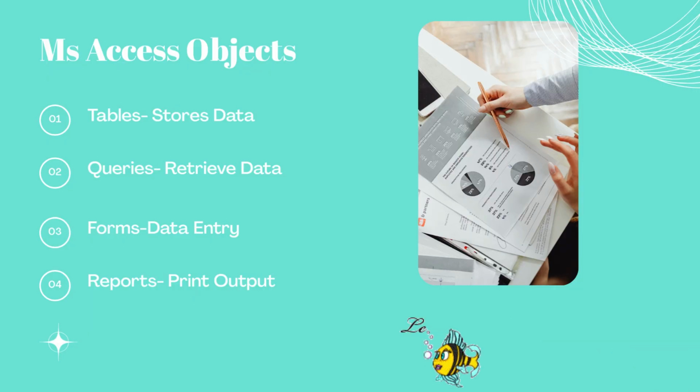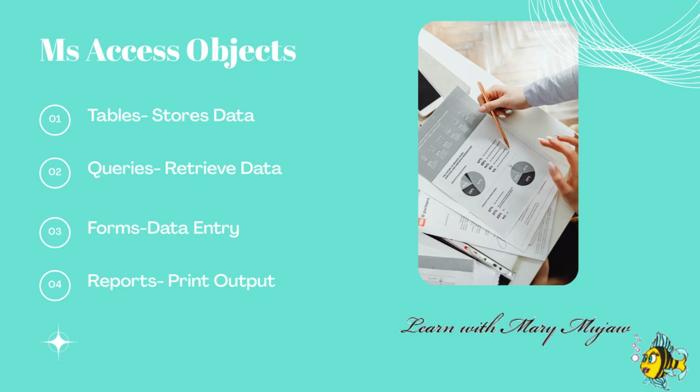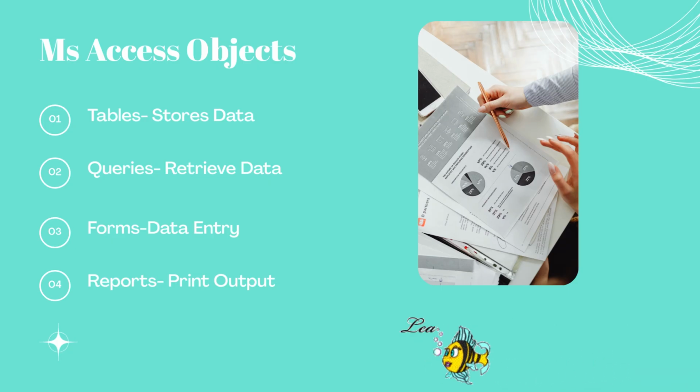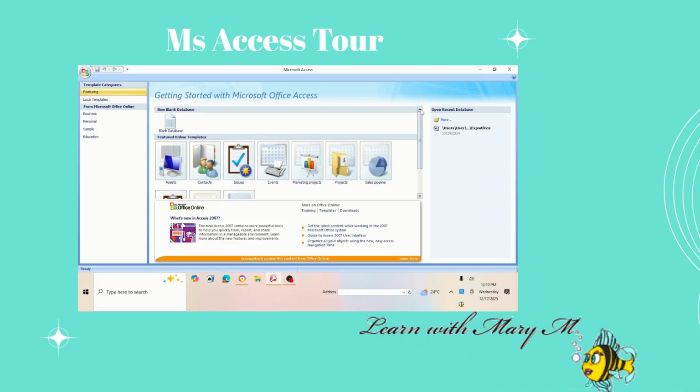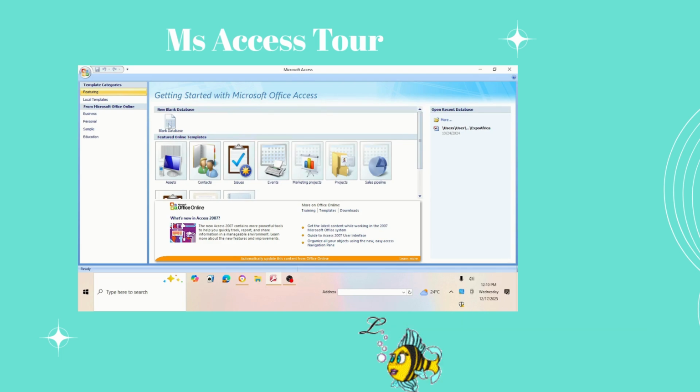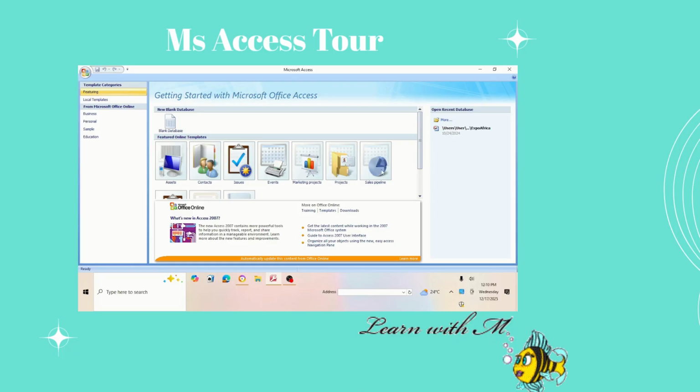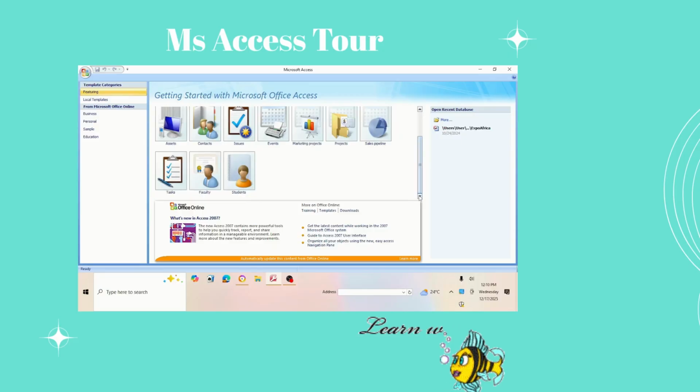So let's now have a tour of Microsoft Access. Just like we've done with other application software, how does Microsoft Access look? Here is the look. Unlike the other application software that we've looked at, that is Microsoft Word and Microsoft Excel, Access is quite different.